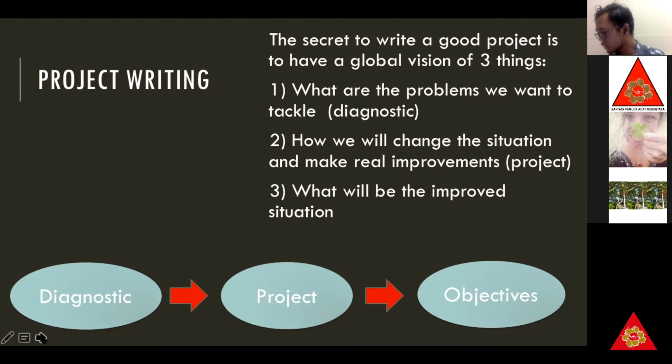And third is you have to have the improved situation in mind. You have to take a look at the future and be able to tell the donor what will be this improved situation. And that's what we call the objectives or the goals. Should I continue? Yep, just continue.